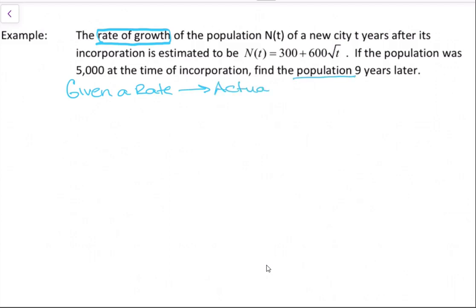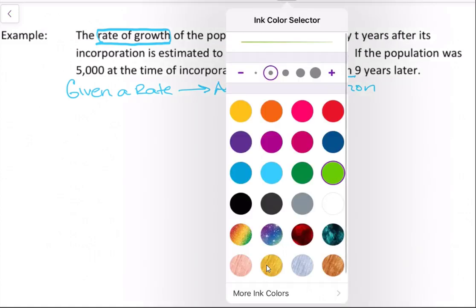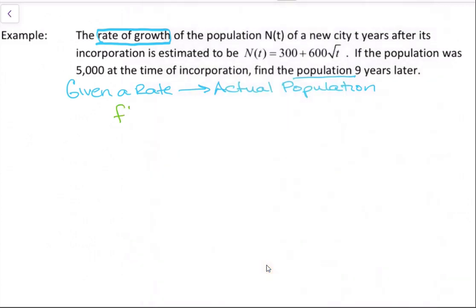We don't want to compute another rate. Thinking about calculus, this is giving us a derivative and we want to go back to the function. So it's that sort of idea that tells me this is an integration problem.